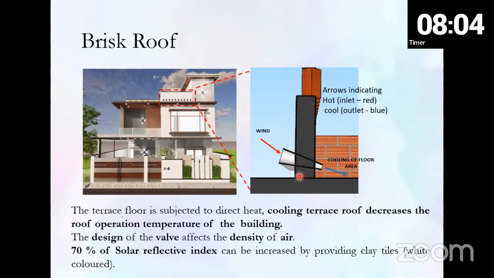So when the area is reducing, the density becomes higher, and as the density is higher, the air becomes cool. We get cool air inside the parapet wall, which forms a layer on the surface of the roof. By using these 2 concepts, we can reduce the heat conductivity by 90%.